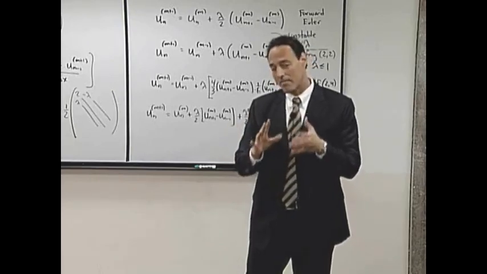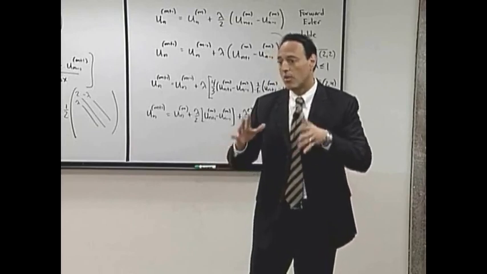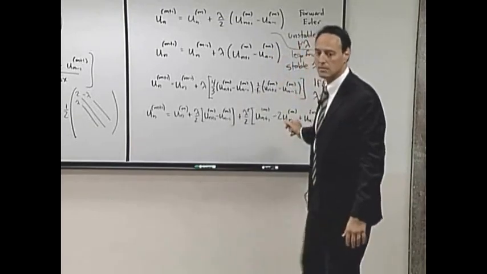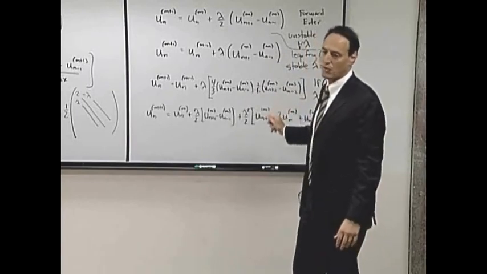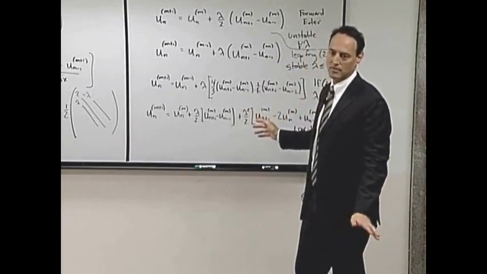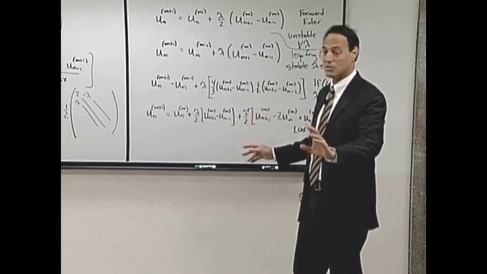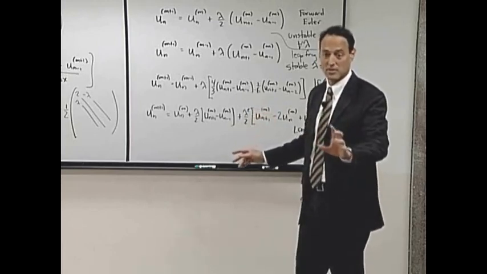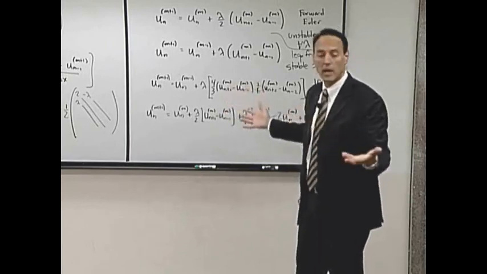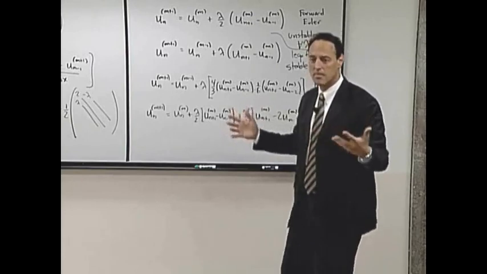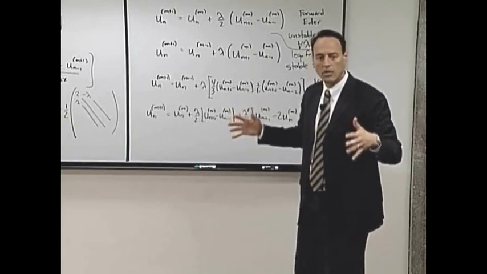But the fact of the matter is, you can only construct stability arguments such as this and get these numbers out if the equation is super simple. Linear for sure, and super simple on top of it. So things like ut equals ux, ut equals uxx, ut equals uxxx. Simple things are the only things you can do this with.